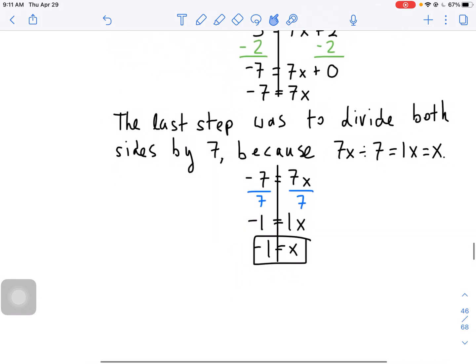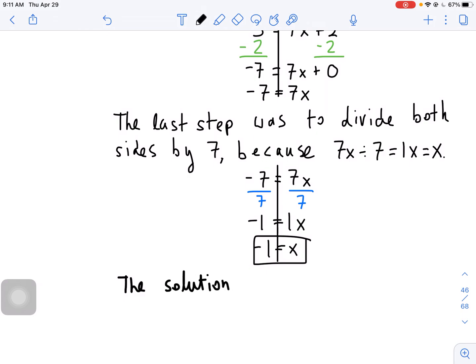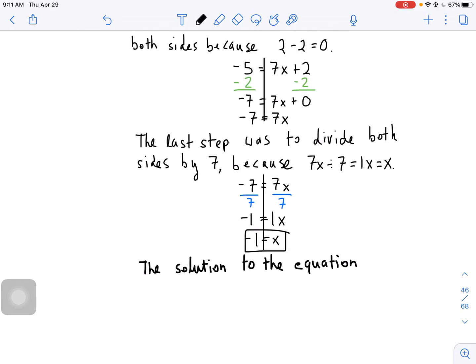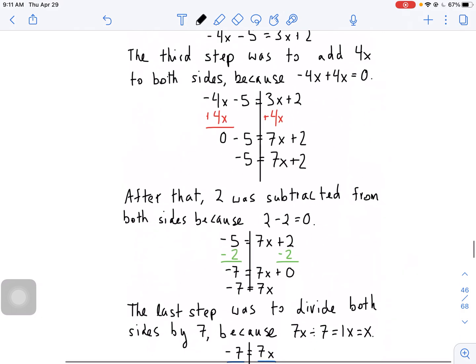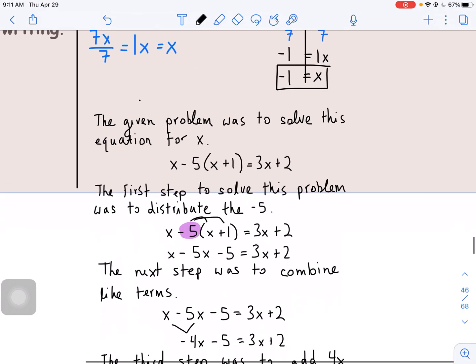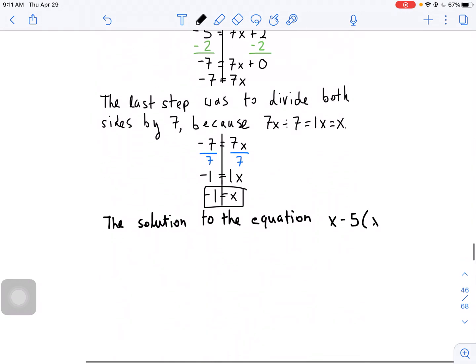Okay, so the solution to the equation x minus 5x plus 1 equals 3x plus 2.